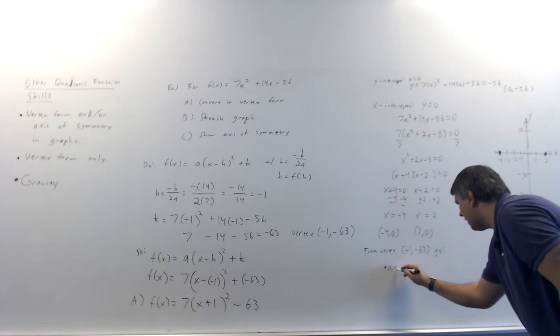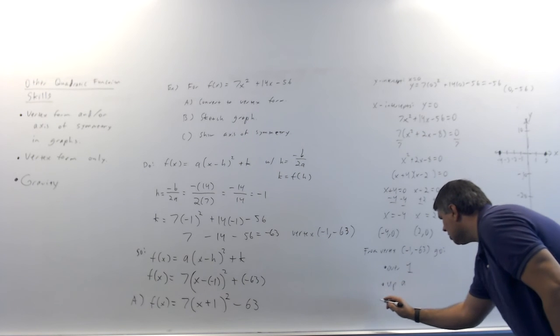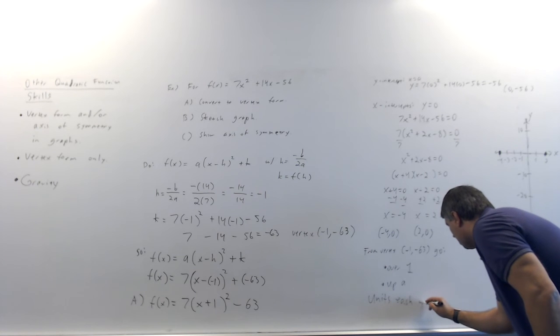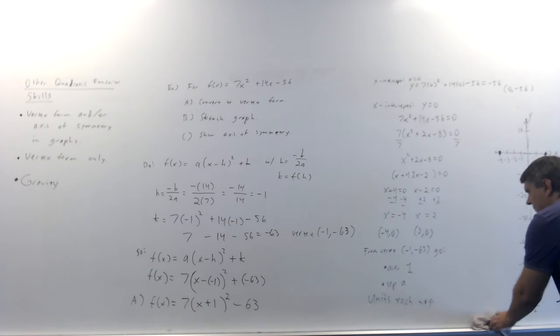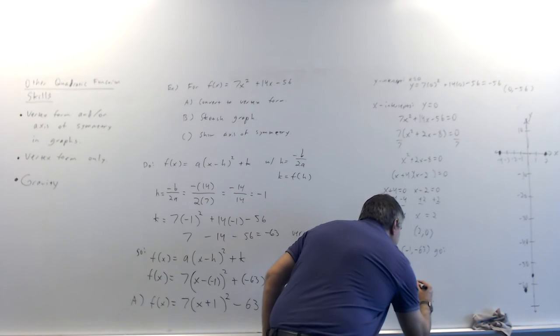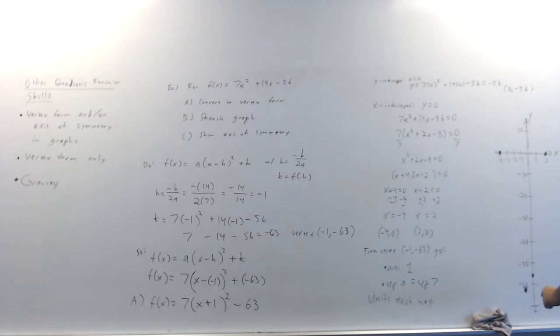over 1, up a units each way. Now, a is 7, so that means up 7. So that's already taken care of.